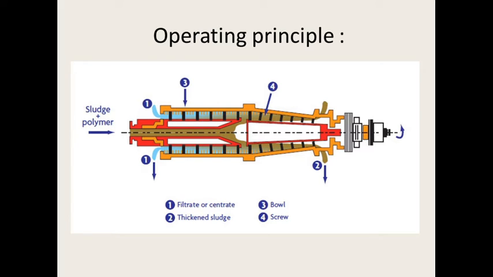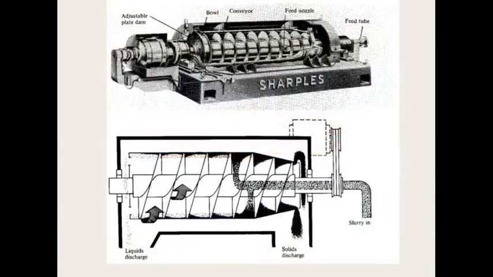Thick sludge we can separate here, and water we can separate the other way. Third is a bowl, and fourth is a screw. In this way we can remove the water, and the thickened sludge and filtrate can be separated by this process.